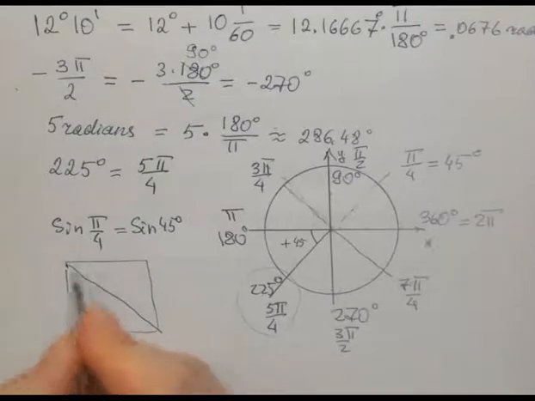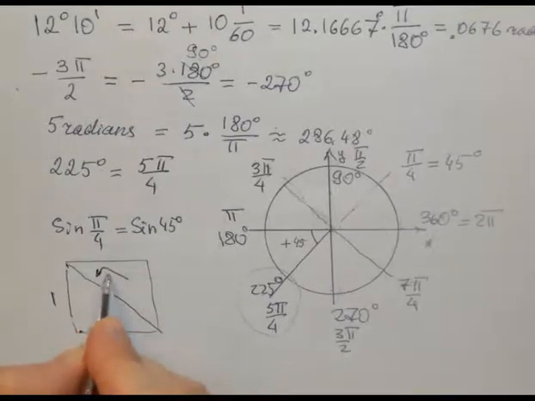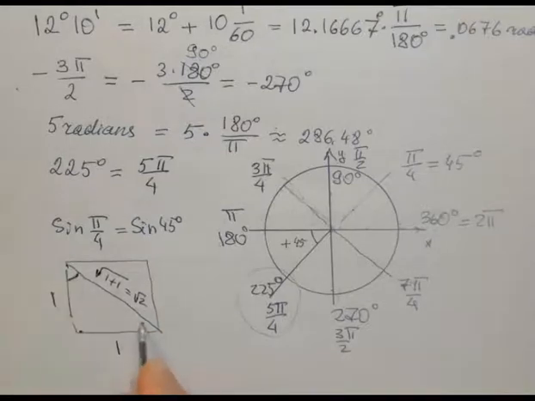It is an easy way to remember the values of the 45 degrees trigonometric functions. If you take a square with side 1, then according to the Pythagorean theorem, the diagonal will be equal to the square root of 1 plus 1, or square root of 2. And it divides the square into two 45-45 triangles. If you consider one of these angles, its sine will be opposite over hypotenuse.